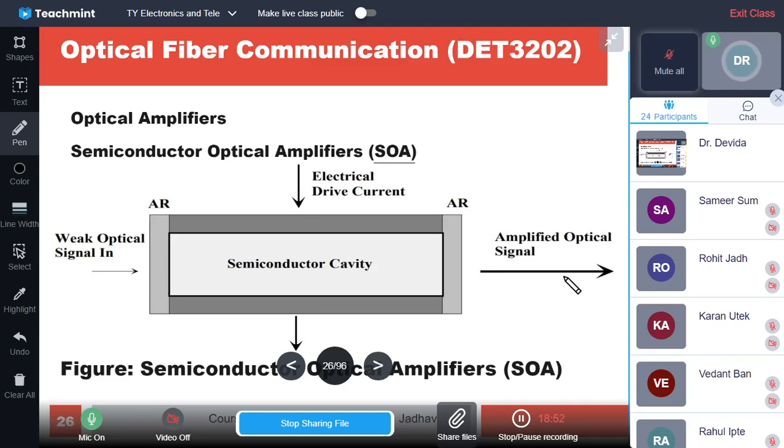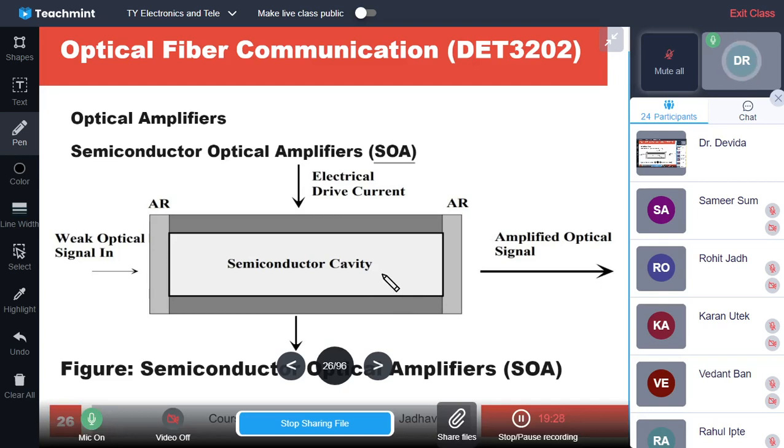Whenever it travels through the semiconductor Fabry-Perot cavity, this cavity is a population inverted cavity. In this population inverted state the laser action happens, that is the multiplication process: light amplification by stimulated emission of radiation. Laser action takes place if it is population inverted.